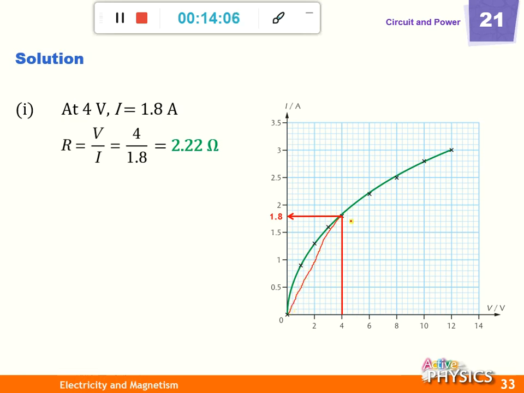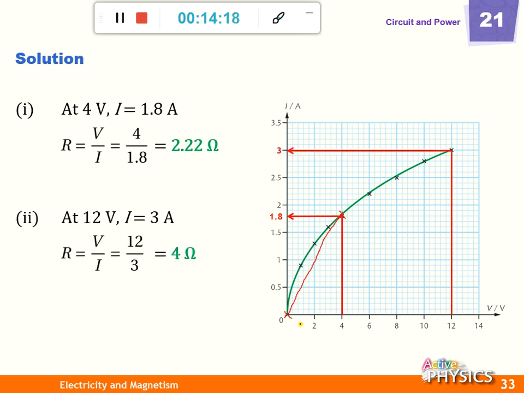Once again, it is not the slope at this point. The slope should be from this point referred to the origin. Pay attention. So this one should be 2.22 ohm. How about next? If the applied voltage is 12, the corresponding current will be 3. After the calculation, you can find that it should be 4 ohm. It means that this line.